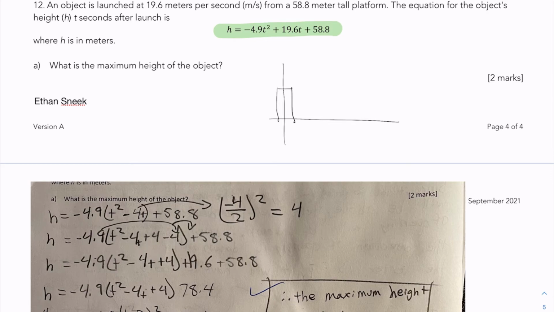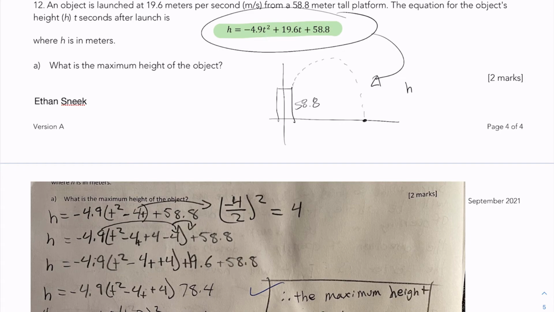So I'm going to draw here this 58.8 meter platform, and the object goes something like this. I draw it like that because it is a parabola. For a given time t, I have a certain height h, which depends on t. It's a function of t. And at some point it hits the ground over here.